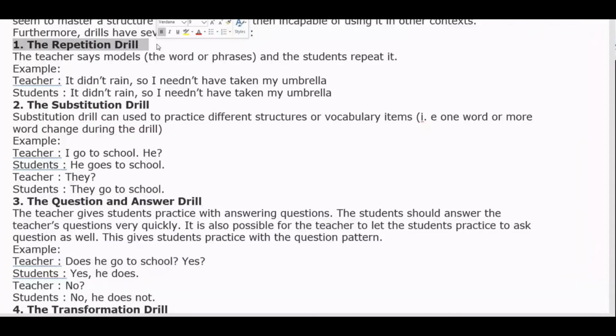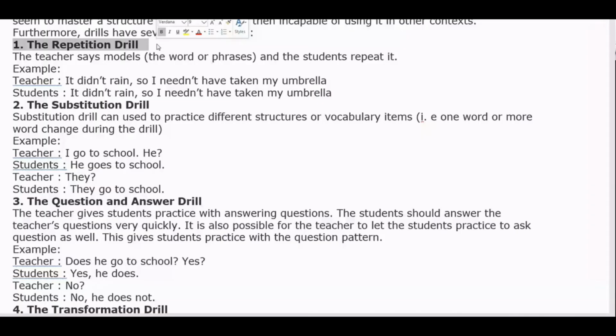Now, second type of drill is substitution drill. What is the meaning of substitution? It means the teacher speaks a word and students are told to replace a word or some structure or some vocabulary item. For example, teacher says, I go to school.